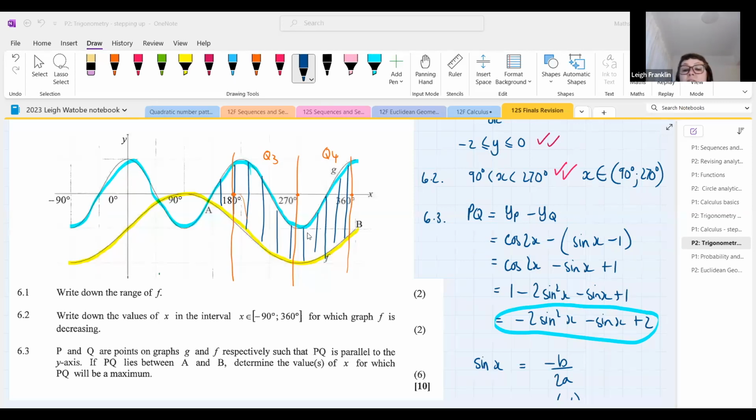So g of x is cos 2x, the y at the bottom was sine x minus 1. So we subtracted those, and then we wrote cos 2x in terms of sine x. So this gave us a quadratic for the length of PQ, minus 2 sine squared x minus sine x plus 2.